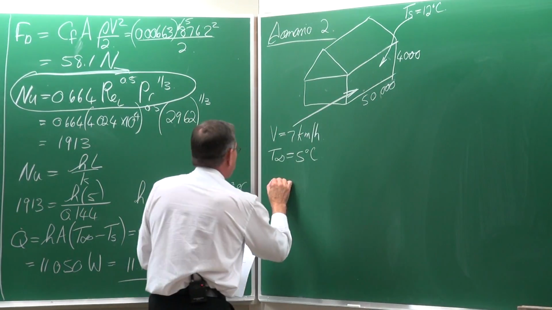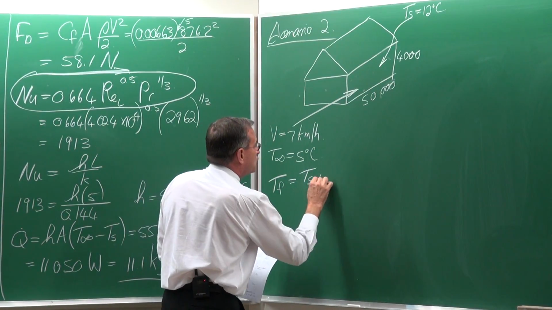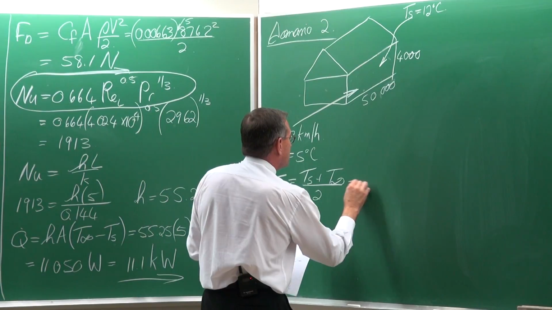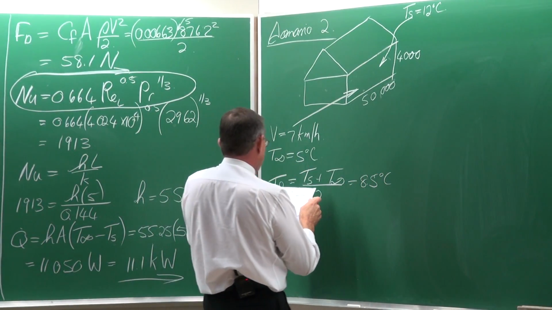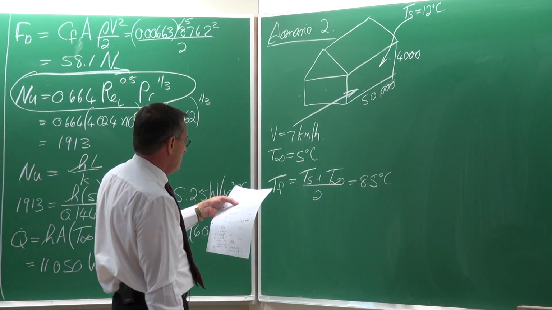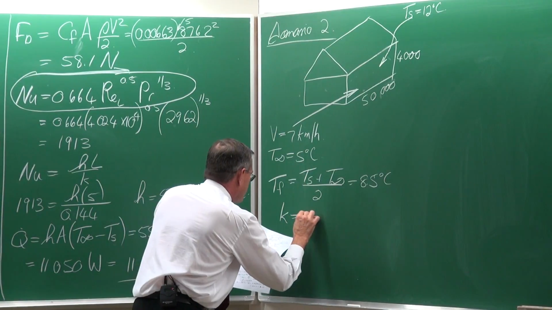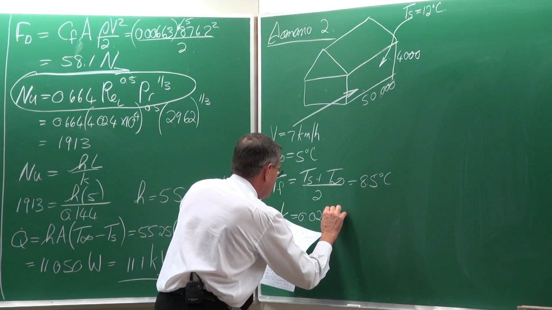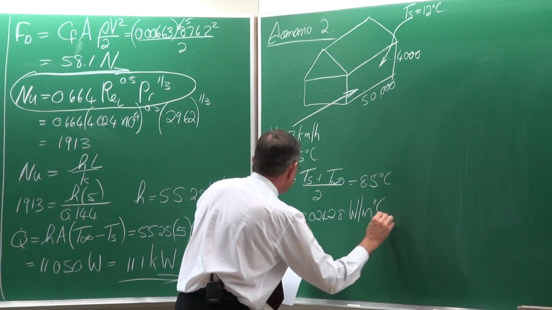Again, we need to get the properties, and we get the properties at the average of the surface temperature and that of the environment, in this case at 8.5 degrees Celsius, and the values are available in table A15, I think. The K value is equal to 0.02428 watts per meter Celsius.